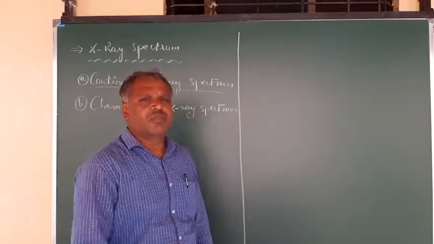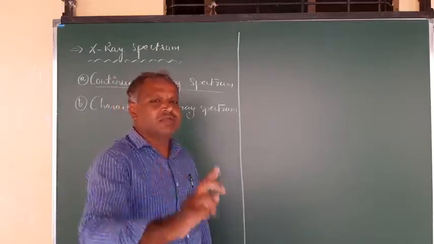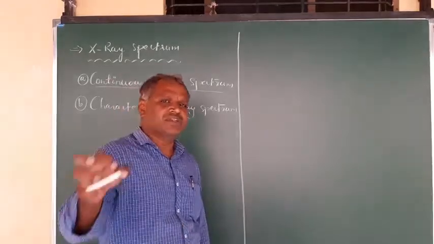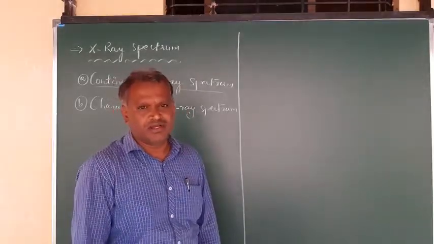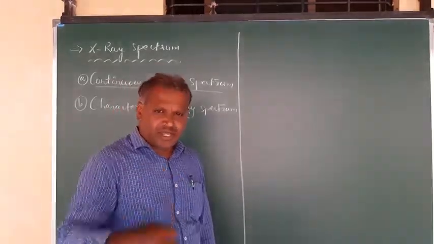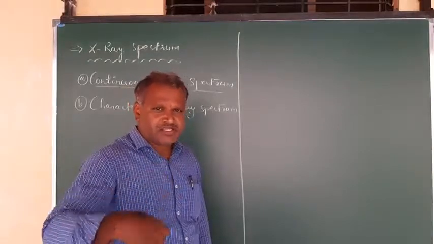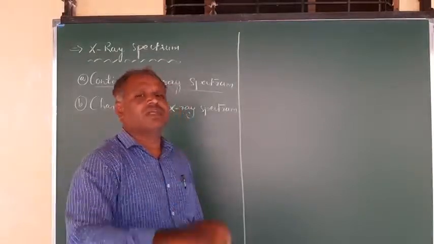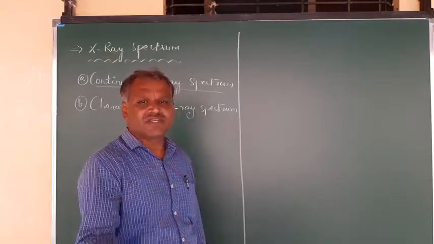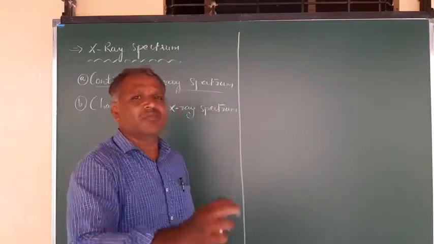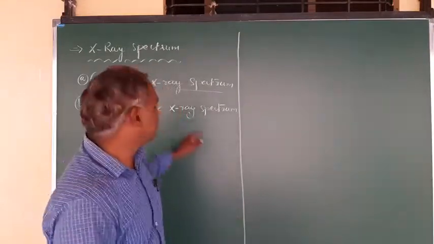When you modify that operating potential, the wavelength can be altered. It does not depend on the target material, right? The wavelength of X-rays depends on the operating potential or exerted potential in the case of the continuous X-ray spectrum.